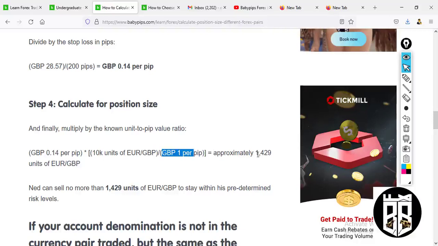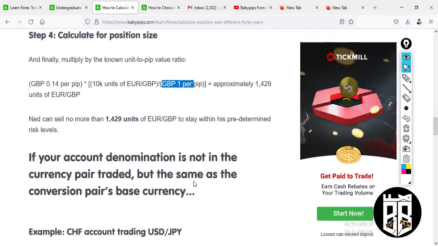That equals 1,429 units of Euro/GBP. So he can sell no more than 1,429 units of Euro/GBP to stay within his predetermined levels of risk.